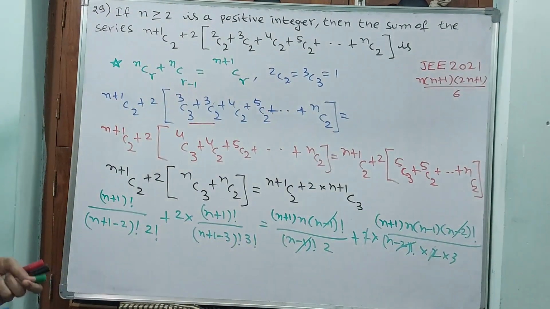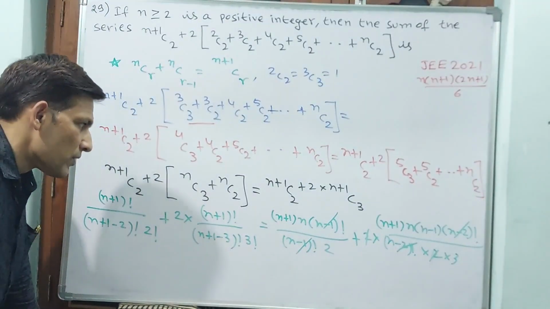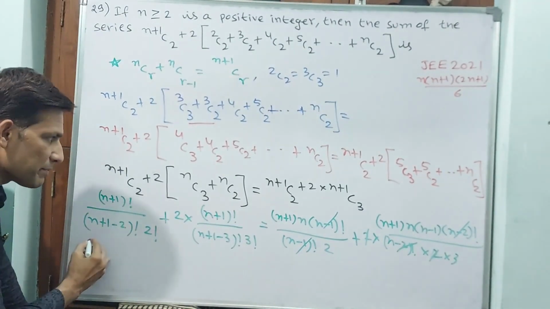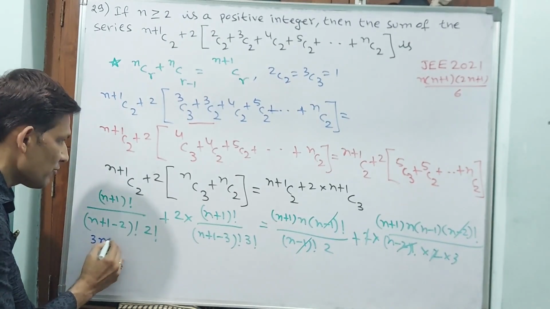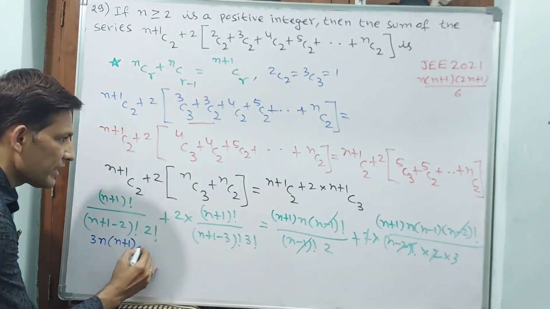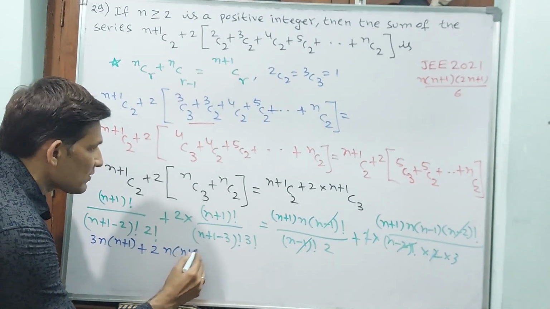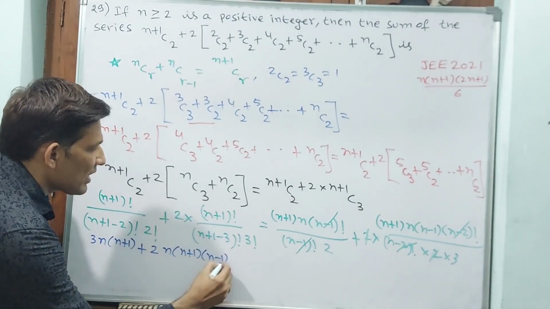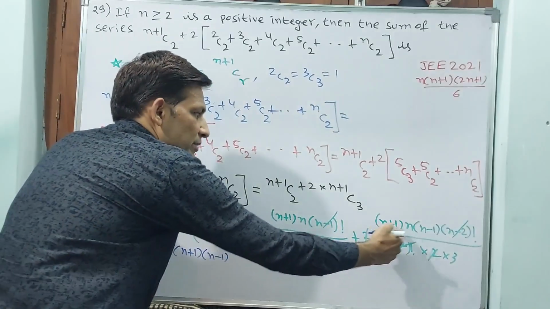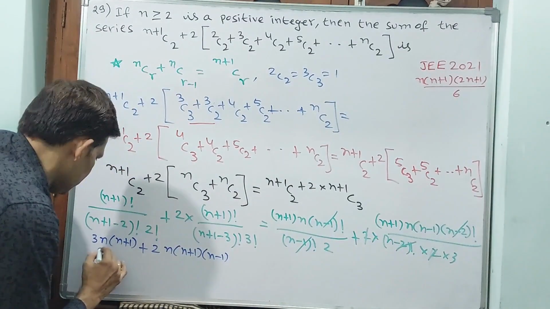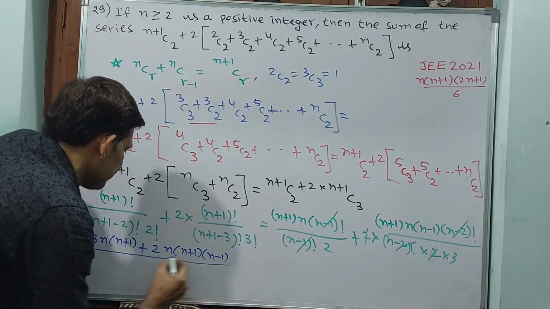Now you cross multiply. If you cross multiply, 3 into (n+1) will be there, plus 2 into (n+1) into (n-1) also will be there, divided by 2 into 3, that is 6.